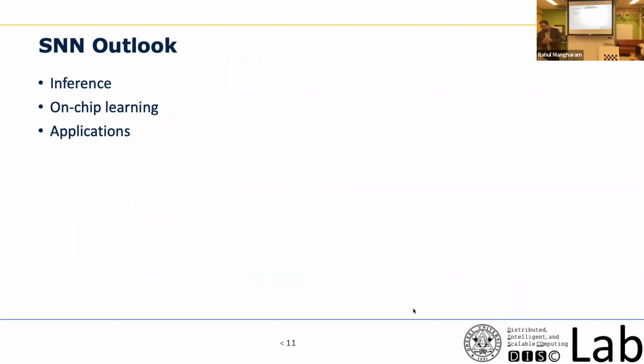I will talk about learning mechanisms, how spiking neural networks are used for inference, and some on-chip learning, which is not exactly a very new concept, but a rediscovered concept that has become quite important in today's AI systems. And then finally, some applications before moving on to the hardware part of the talk.